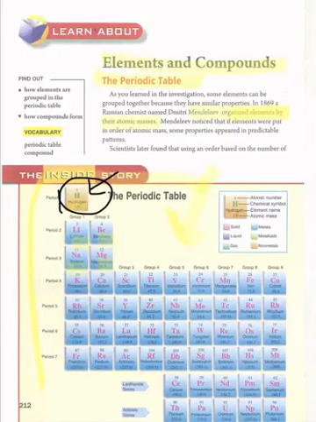And on the left side of the periodic table, what are they? They are metal elements, except hydrogen gas. Hydrogen gas is a non-metal element.